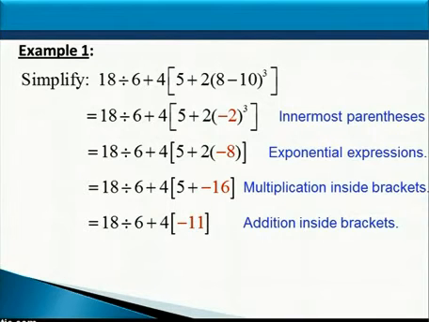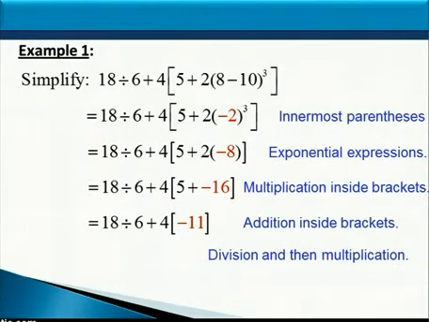So we need to perform the division first and then the multiplication. So 18 divided by 6 is 3, and 4 times -11 is -44. Then our last step is addition. So we add 3 plus -44 to get -41 as our final answer.